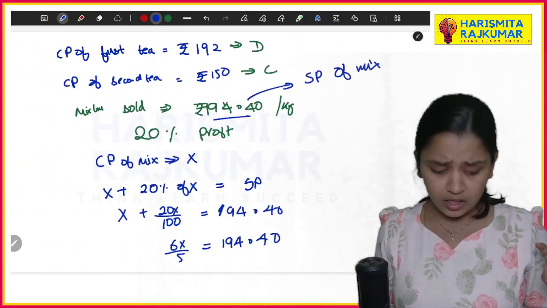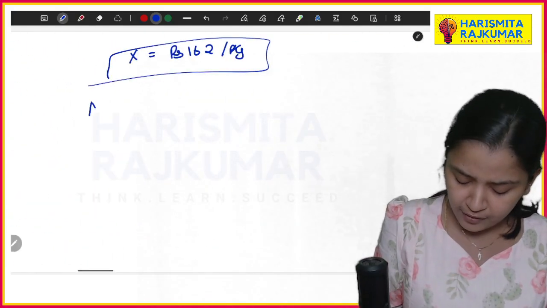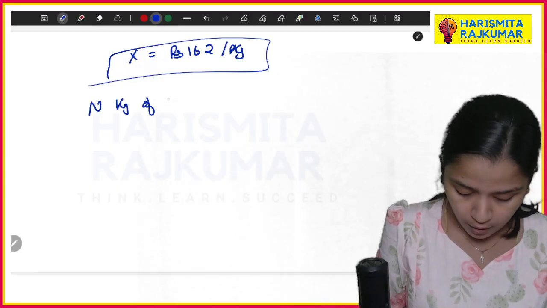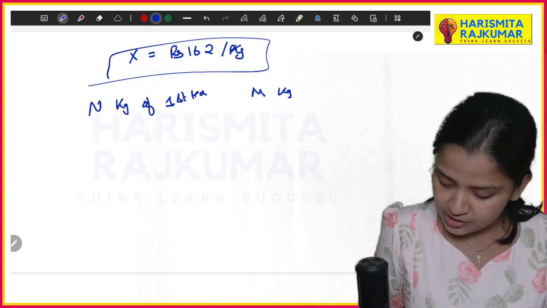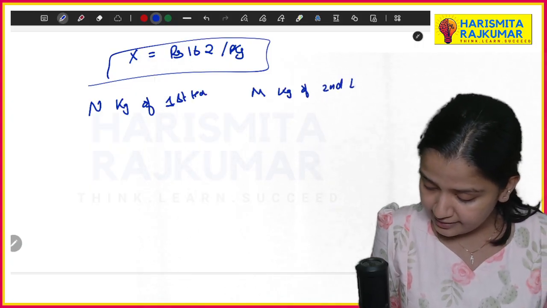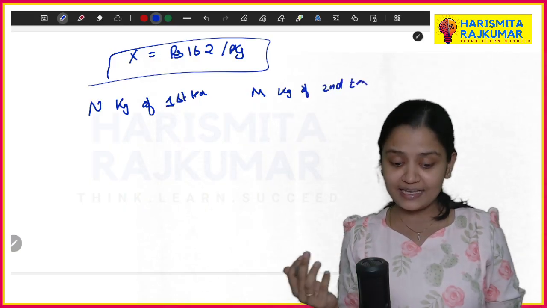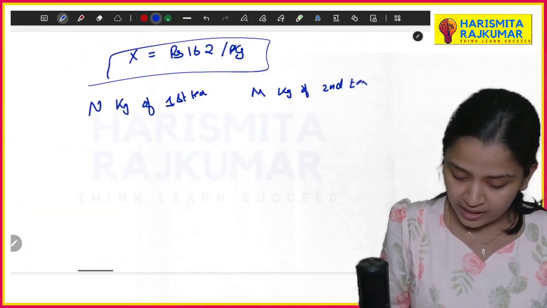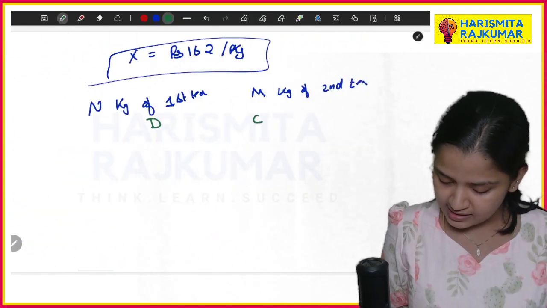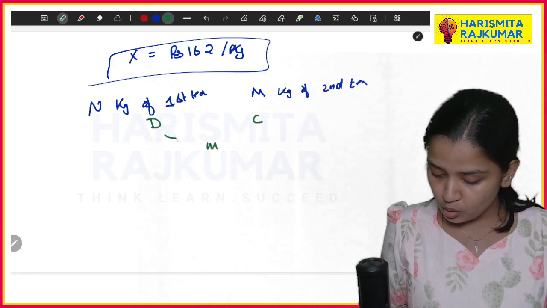So now let us see, you have n kg of your first tea and m kg of your second tea, using the allegation method. So what is the costliest thing here? The allegation method is D, C, you have your M. So what is this?